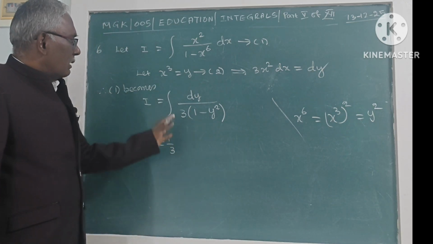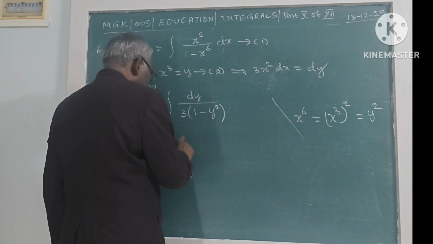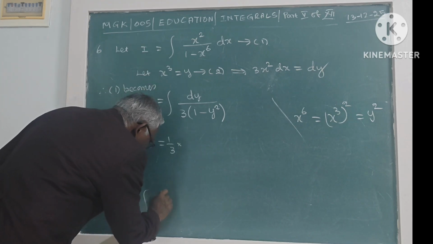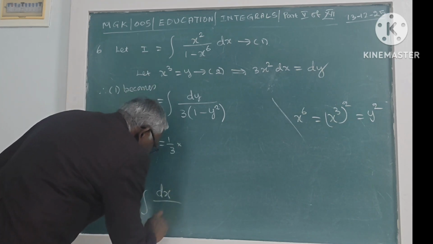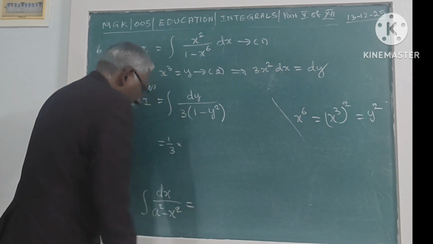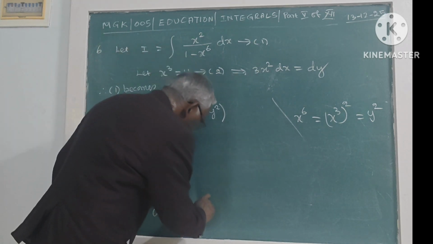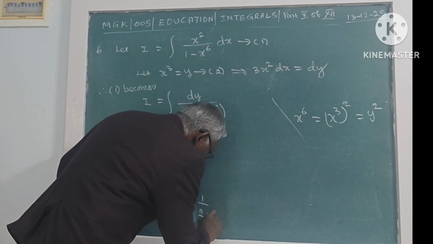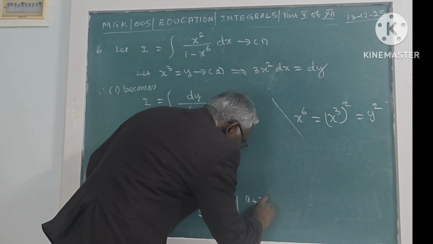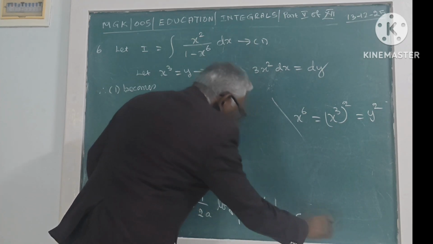What is integral dx by a square minus x square? When the square root is not there, we get 1 by 2a log of a plus x by a minus x plus constant.